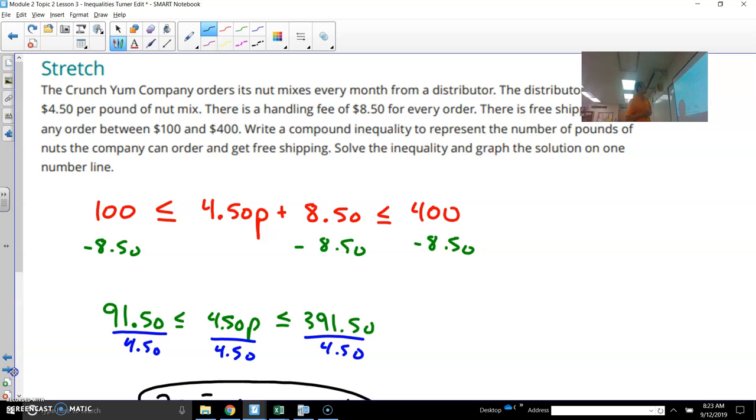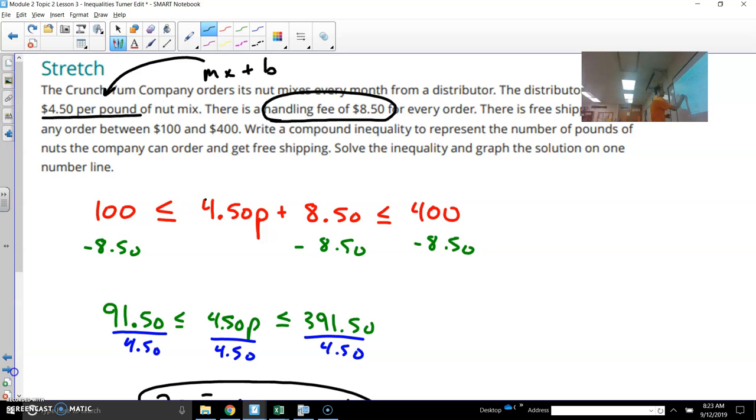Alright, so this problem is probably a little harder because it talks about writing a compound inequality. Crunch Young Company orders its nut mix every month from a distributor, and it talks about how it's $4.50 per pound, but there's also a handling fee of $8.50. When I'm trying to build a linear function here, mx plus b, the idea that happens multiple times per pound, you could have more than 1 pound, that would be your rate of change.